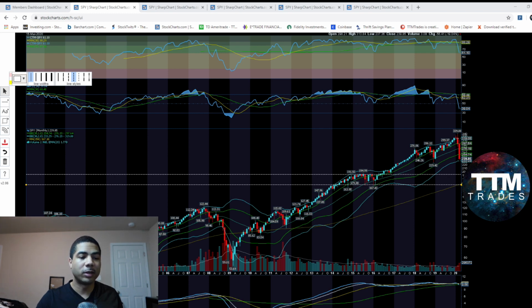And then the 35 cent 110 puts are now worth $1.45 due to the increase in the implied volatility, and it's also moving in the direction of the put price. All right. So right now we're up 314% on that one, and then the SPY 100 puts are up 524%.